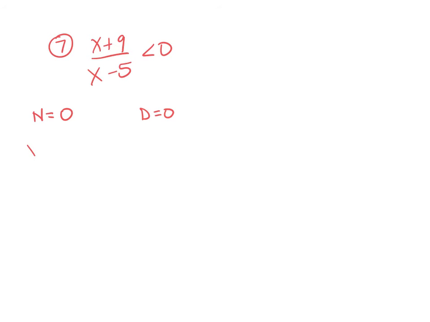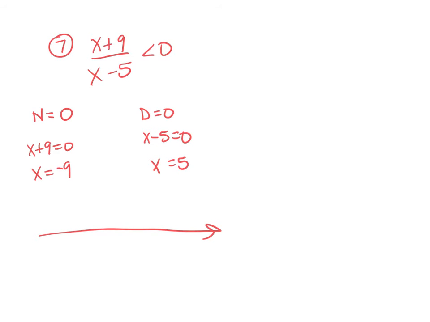So we have x plus 9 equals 0. In this case, it's linear, so it's very easy to get that result. So these are our two tests. They partition for our tests. So we have negative 9 and 5, and we have 3 regions.